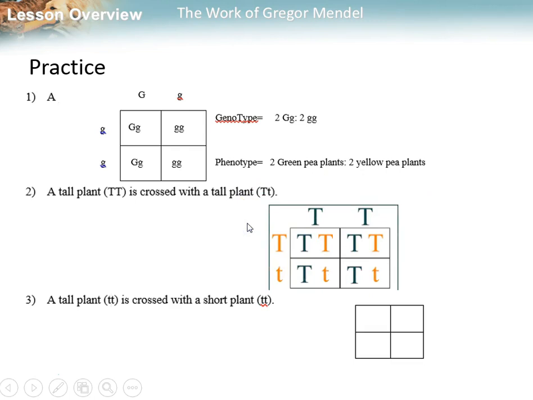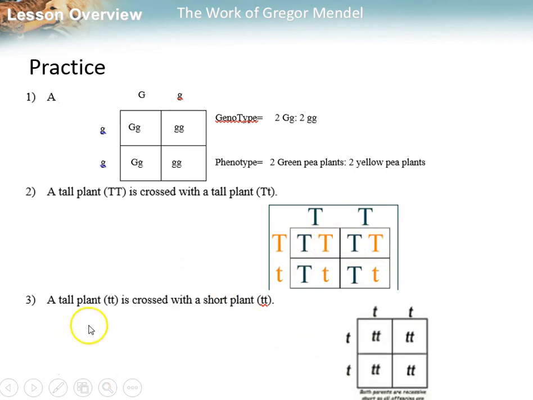On the next one, you have homozygous tall crossed with a heterozygous. So the outcome is going to be all tall, right? The phenotype would be all tall, 100% tall. But you're going to have 2 homozygous dominant and 2 heterozygous.